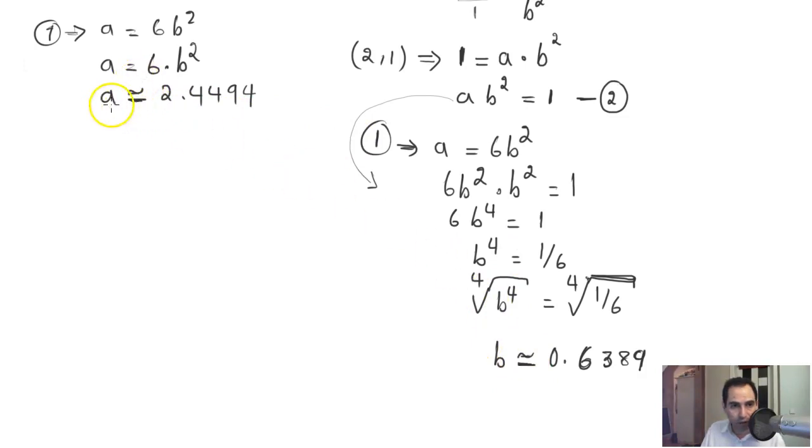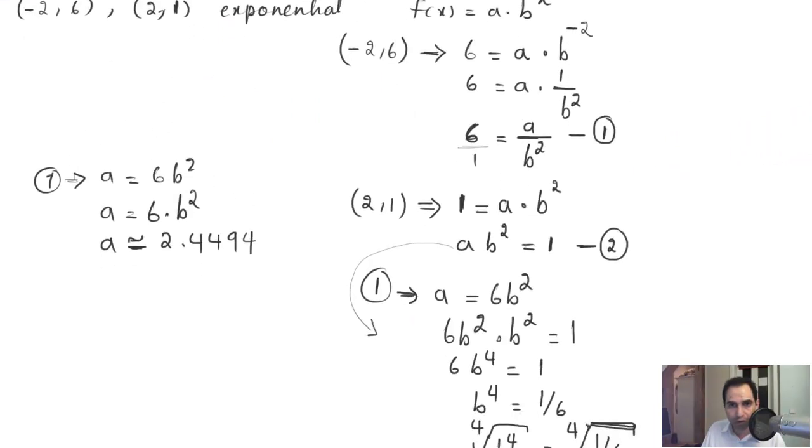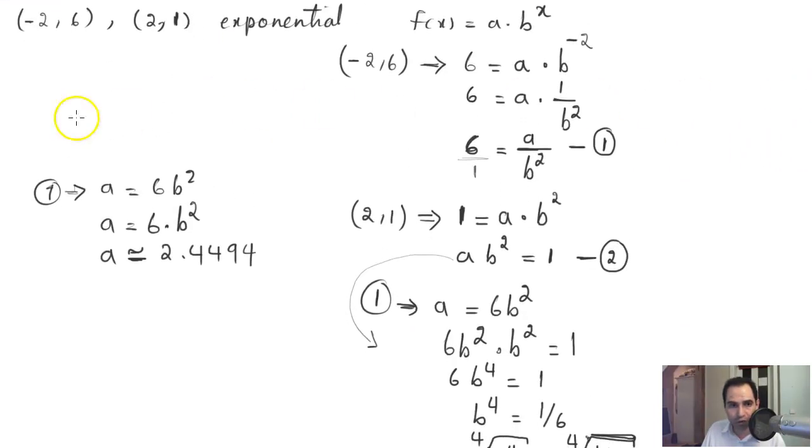And so now you know what your a is, you know what your b is, and so you can write down what your equation is. We said that the equation for this function is going to be something like this: f of x is equal to a times b raised to the power x.